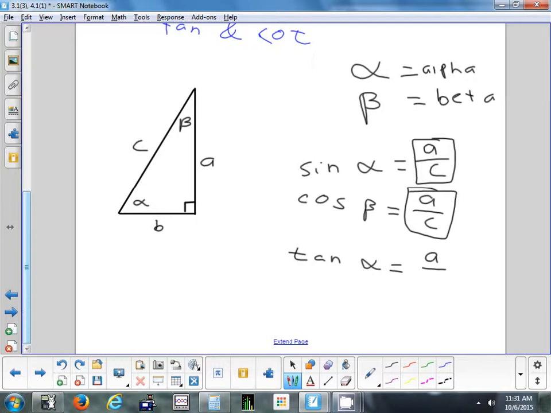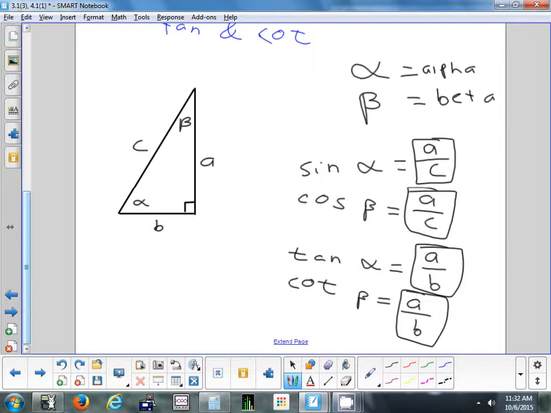B. So tangent of alpha is A over B. Now instead of tangent, let's find the cotangent, and instead of alpha, let's use beta. Cotangent is adjacent over opposite. Lauren, what side is adjacent to beta? A. And what side is opposite beta? B. Notice it came out the same again.